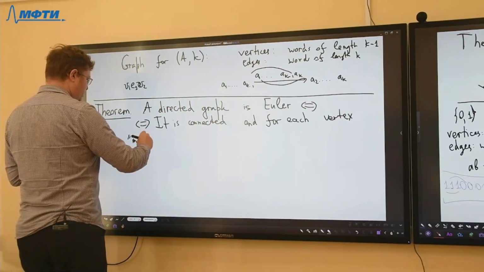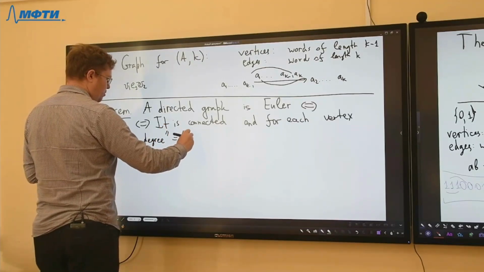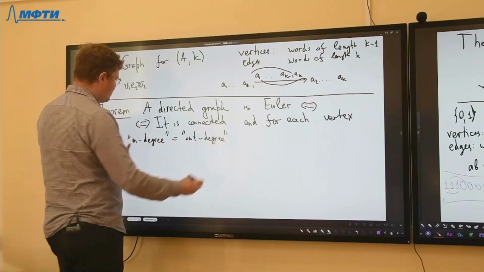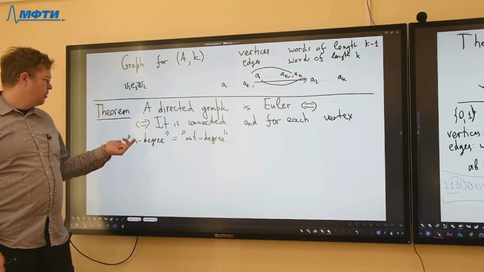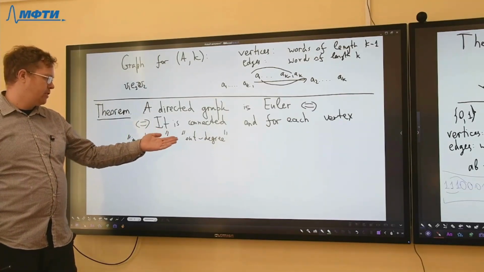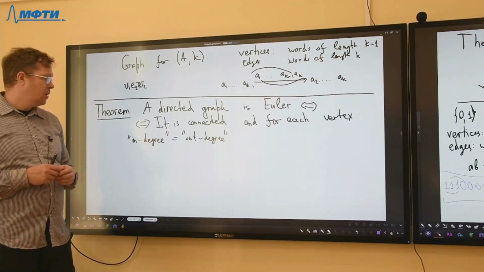We have specific names for this: in degree is the number of all edges that go into this vertex, and out degree is the number of all edges that go out of the vertex.